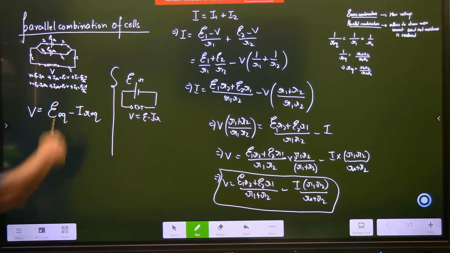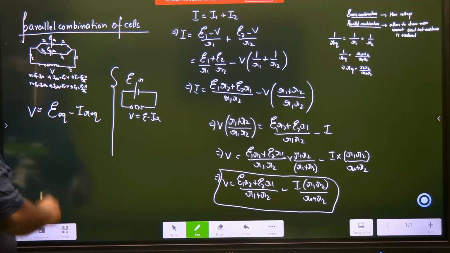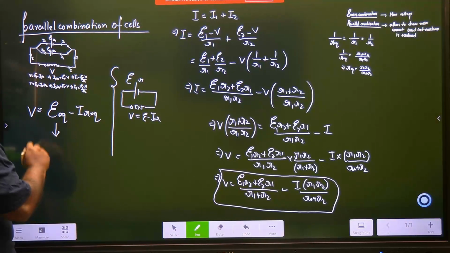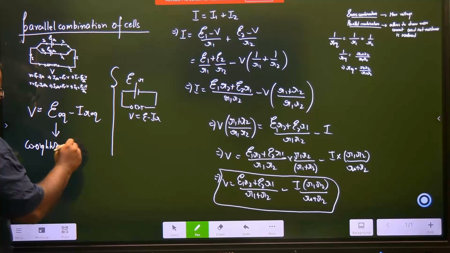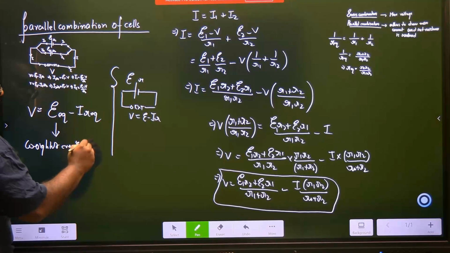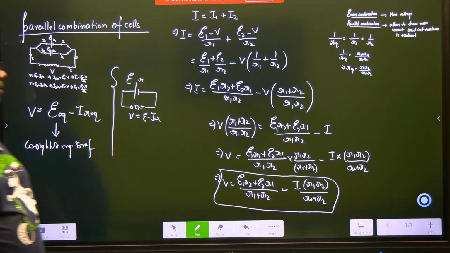So it is also obeying the same equation. Only thing is, this E is now the equivalent EMF, and for parallel combination we call this the weighted average EMF. I hope now this becomes clear.